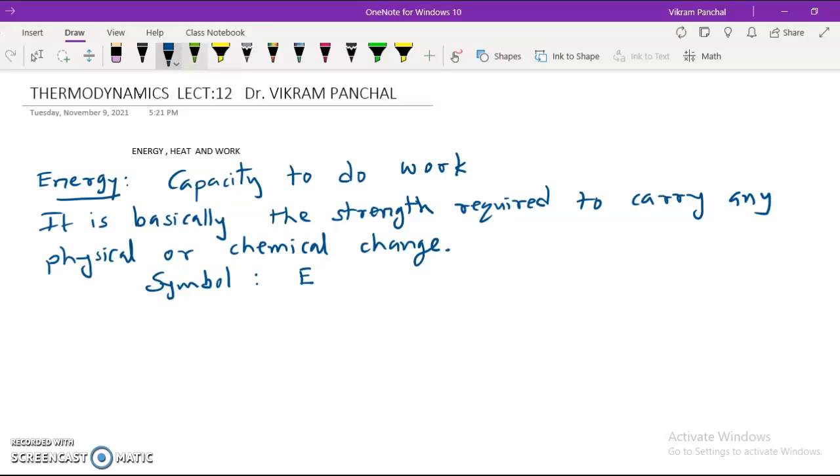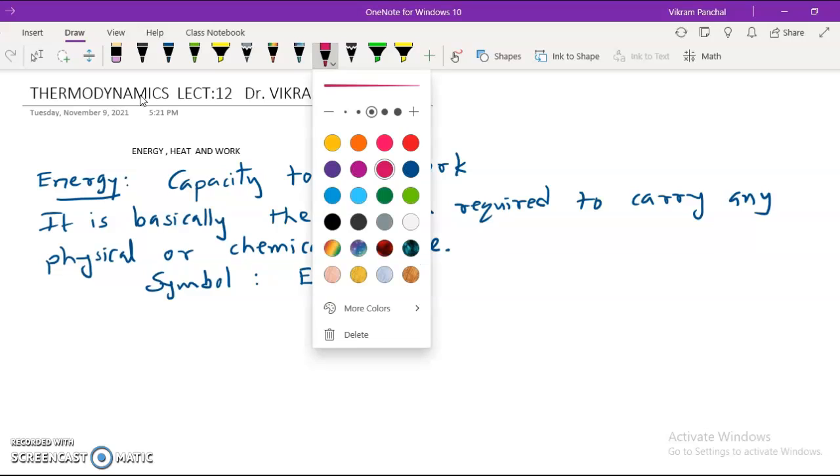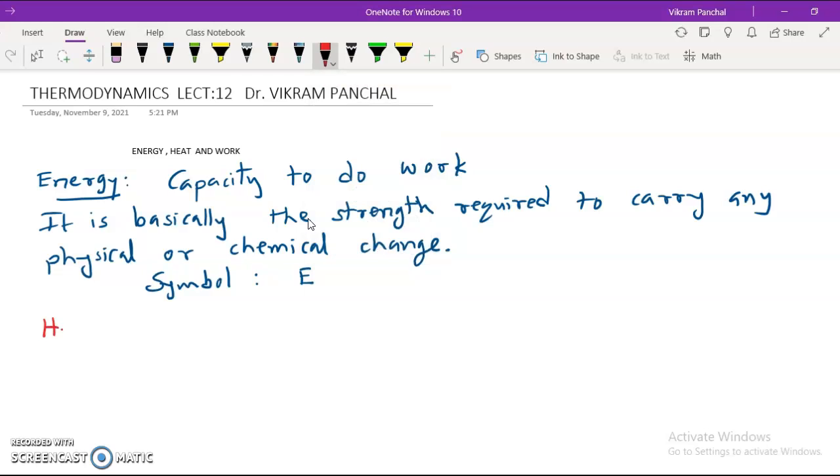Next is heat. Heat is a very common word which we use in our language, but it is really difficult to explain what is heat.